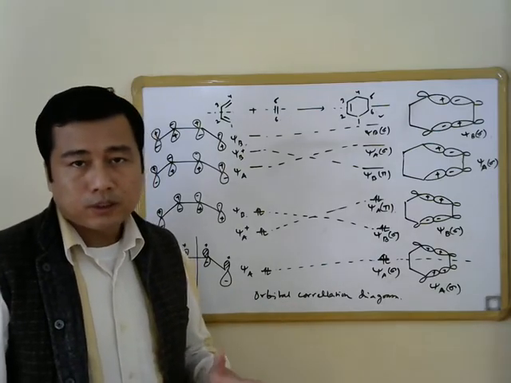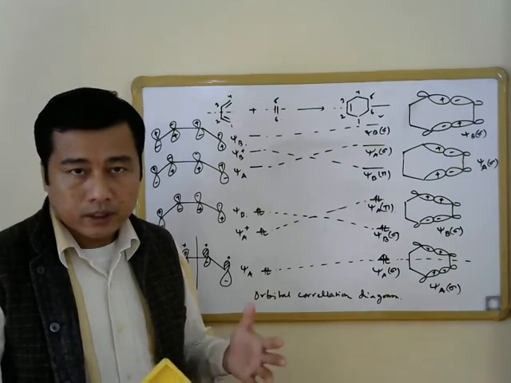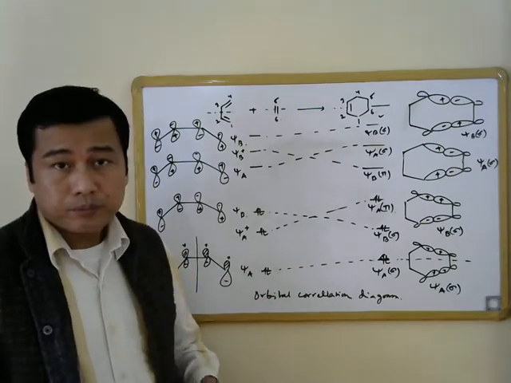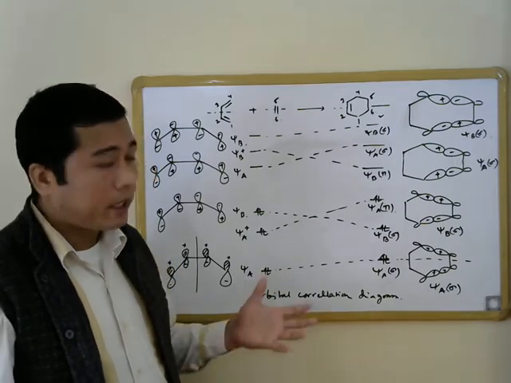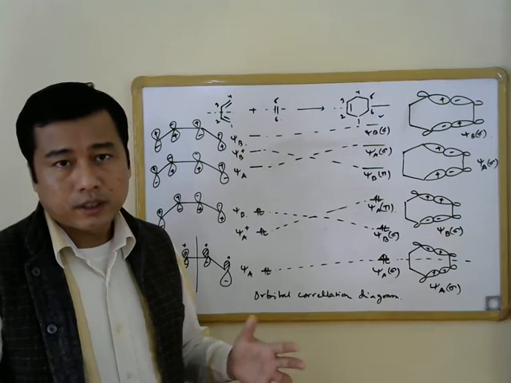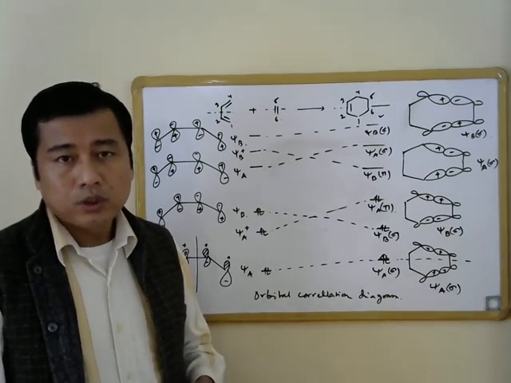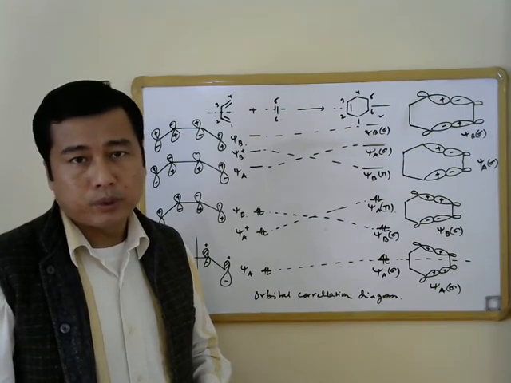That allows us to predict that this reaction can proceed in the ground electronic state itself, and that is why it should be allowed thermally. That is how we arrived at the Woodward-Hoffmann rule for this Diels Alder reaction. So let me conclude this lecture with this, and I thank you very much for being with me during this lecture.